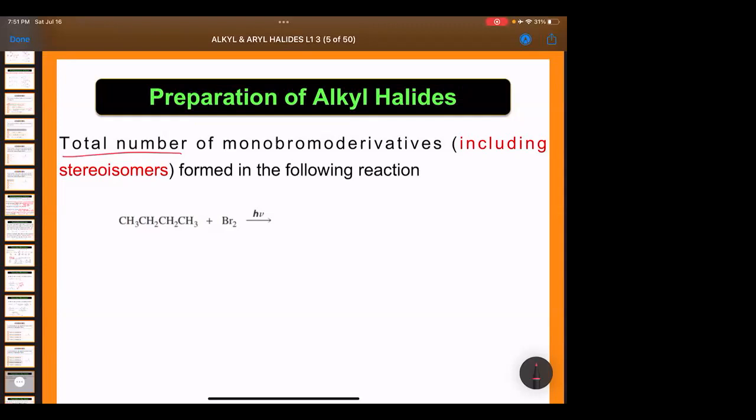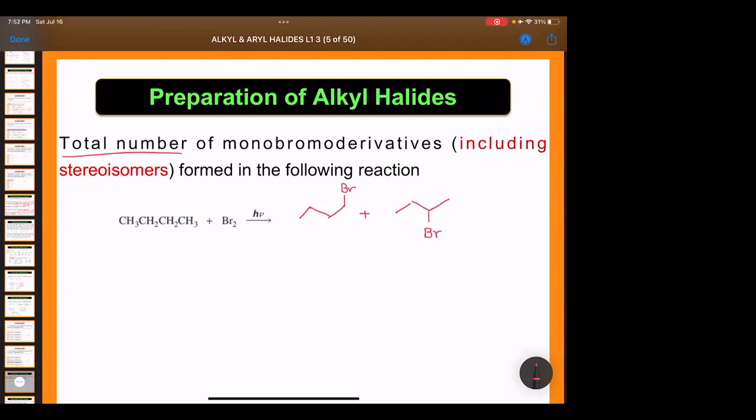This you already know, the question which we did at the start. So two. Two, yeah. And what are the names? Yeah, correct. This is 1-bromobutane and the other is 2-bromobutane, which is the major product.